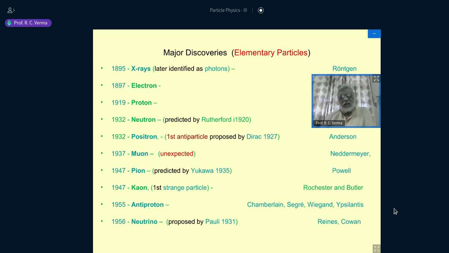Then around 1955, the antiproton was observed by the team of Chamberlain, Segre, Wiegand, and a fourth person. And this antiproton is the antiparticle of the proton. It was created in a collision experiment.